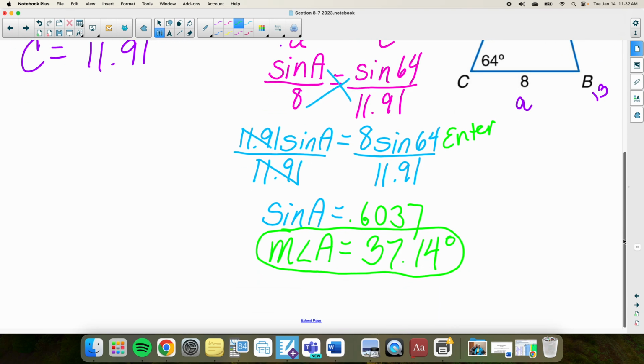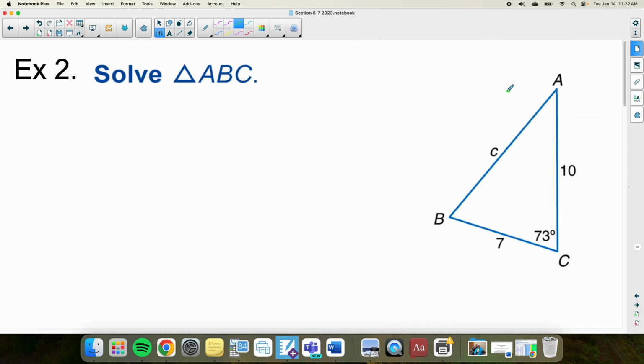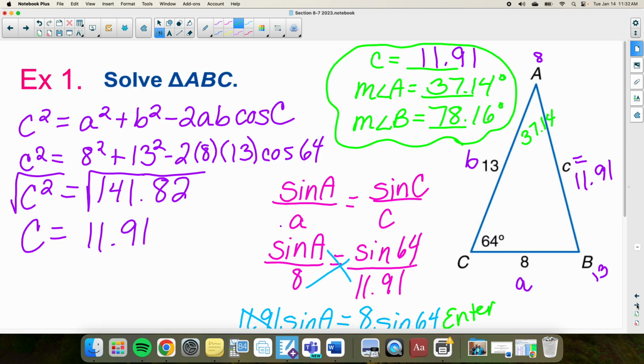So we are going to do one more and then I'll give you your assignment. If we look at this, this is my C. Across from A is little a, across from B is little b, and if I go back and look, I have a side angle side question, and what it tells me to do is use Law of Cosines to find that third side.